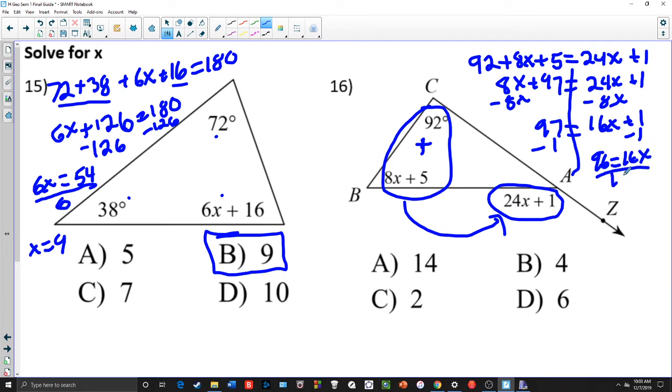And then divide by 16. And 96 divided by 16 would give me 6 is equal to x. So that would be this one right here. So exterior angle theorem is outside angle is equal to the sum of the opposite two. So this angle plus this angle together give you the outside one.